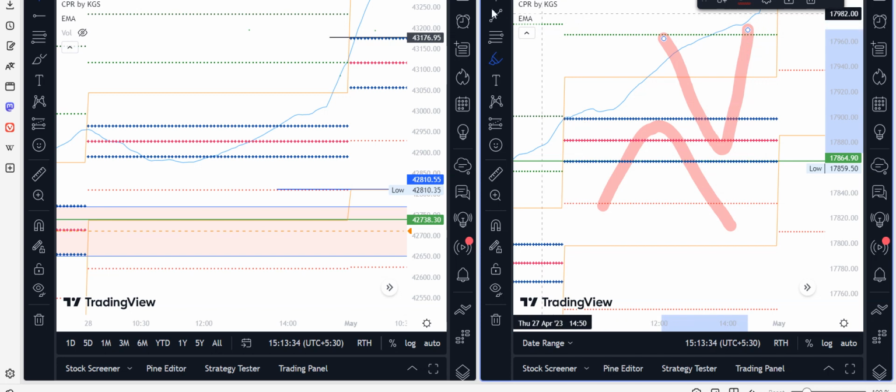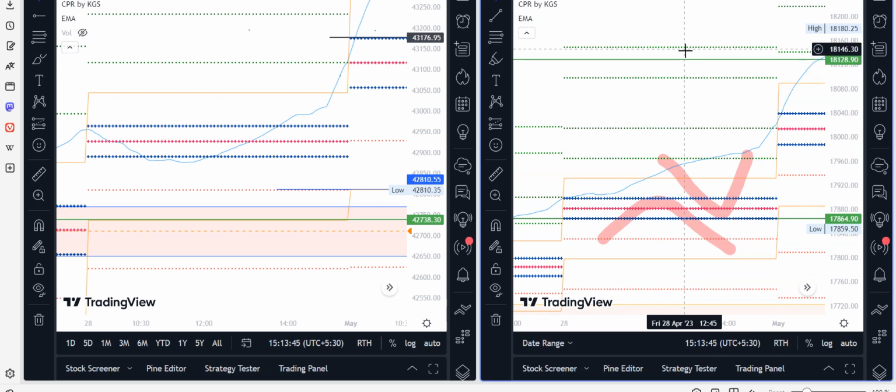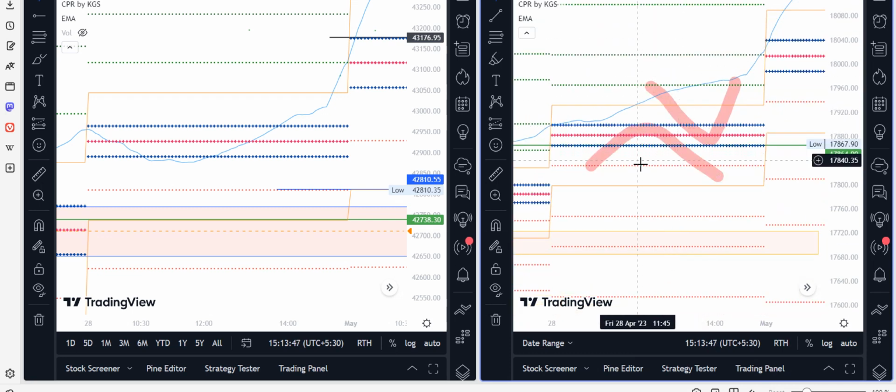Now I'll discuss some more points. You need to know what R1, R2, R3 and R4 are, and likewise S1, S2, S3 and S4. These are the supports and these are the resistances. I hope you know what resistance is.